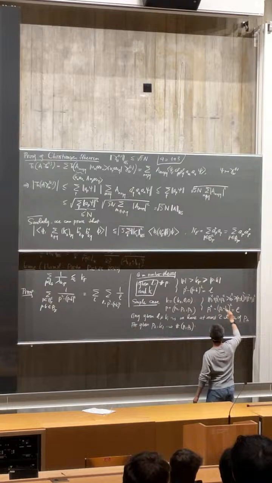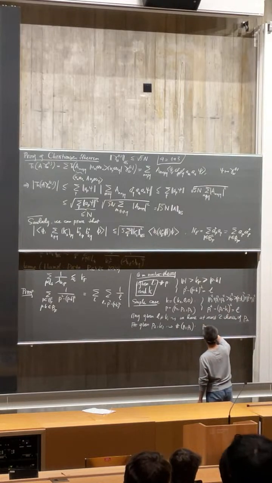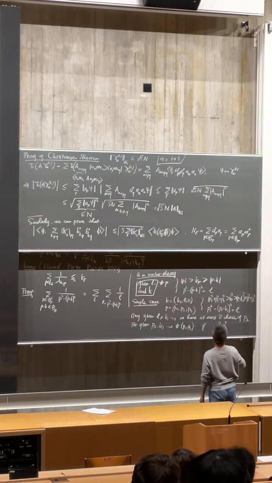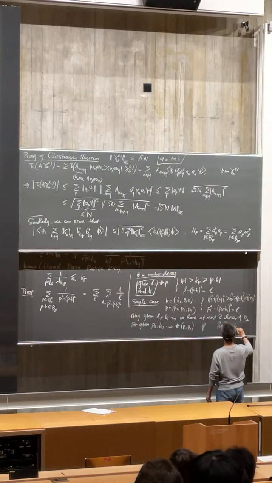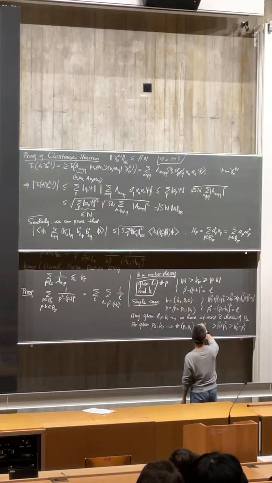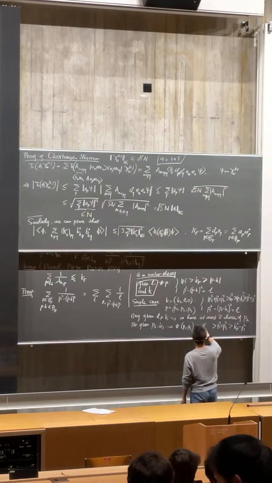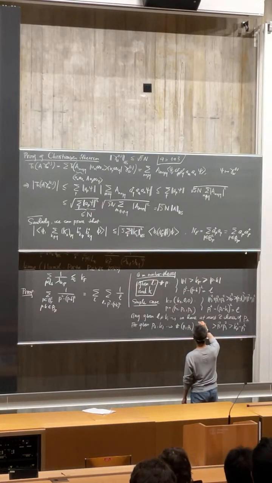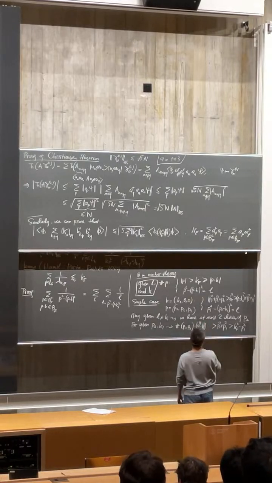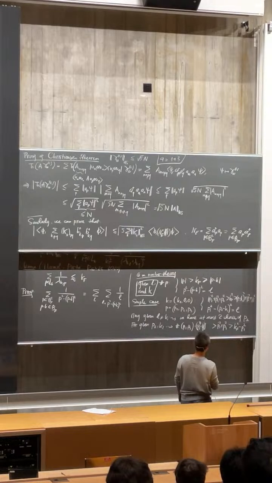We need to count how many choices of B2, B3 satisfy the class. So now we get B2 square, B3 square should be bigger than K square minus B1 square, and at the same time it's smaller than K1 square minus B1 square, or the other way around.